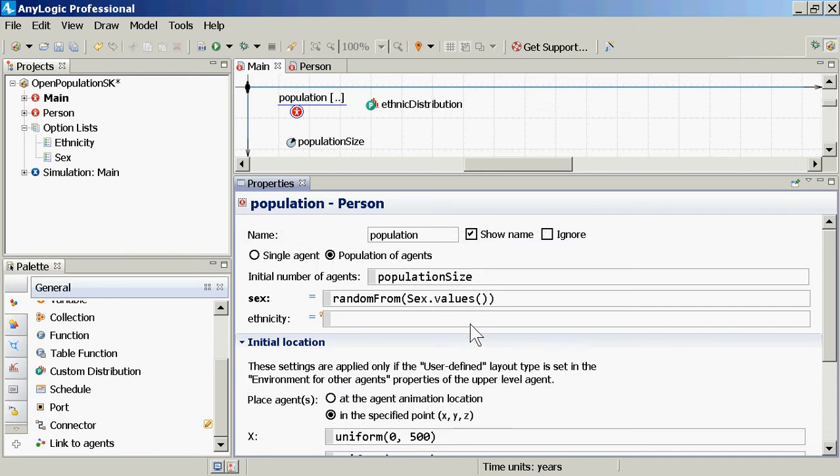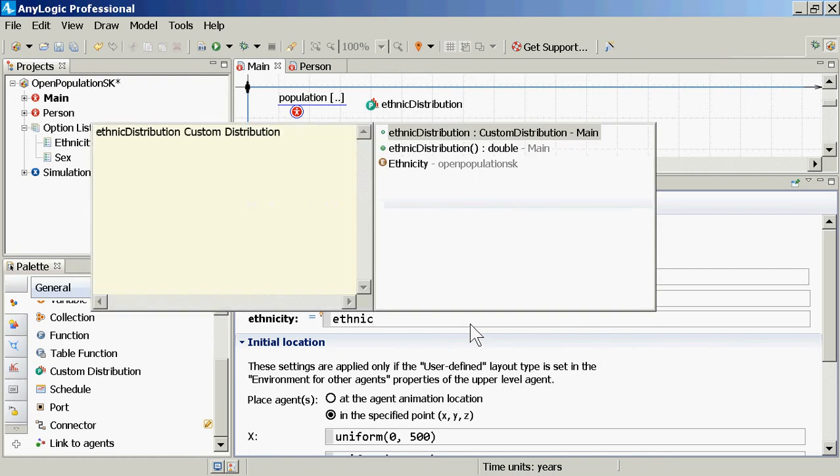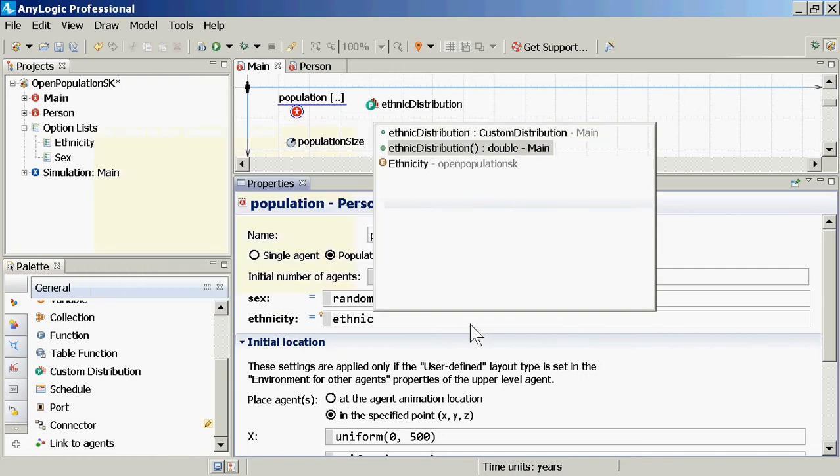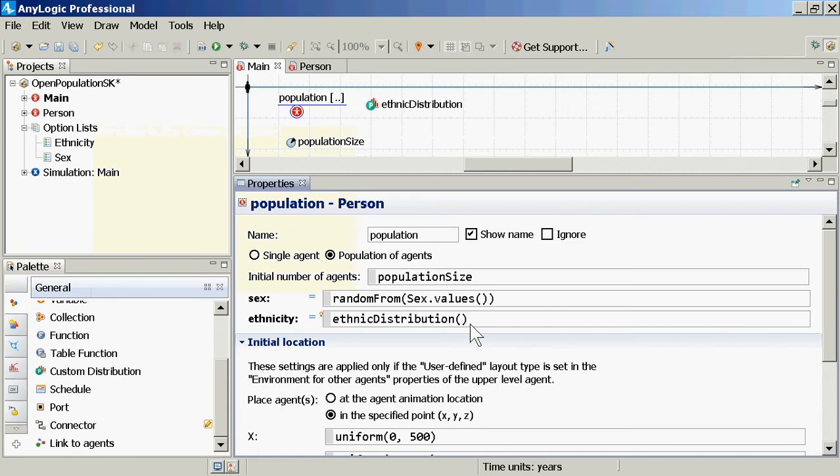Okay, so now we have this ethnic distribution, and we can simply call ethnic distribution, and it will return a value drawn from ethnicity.